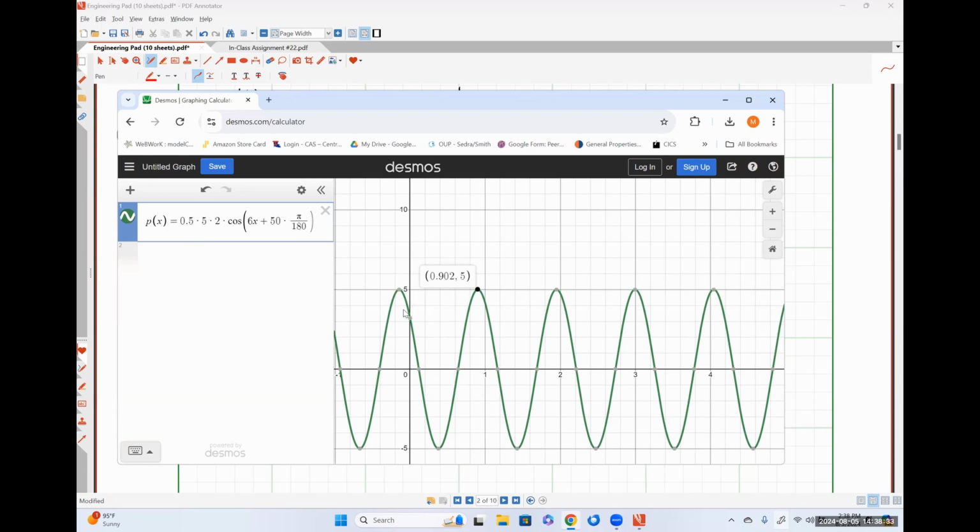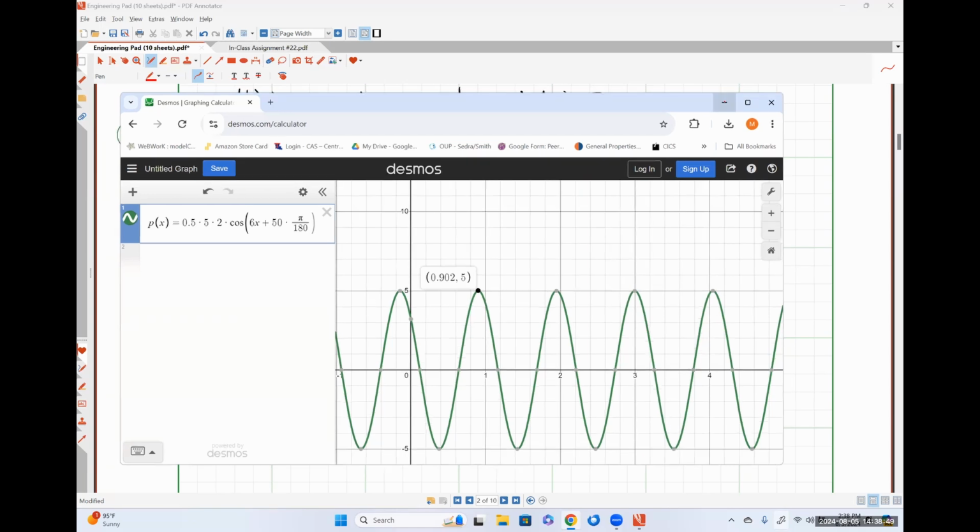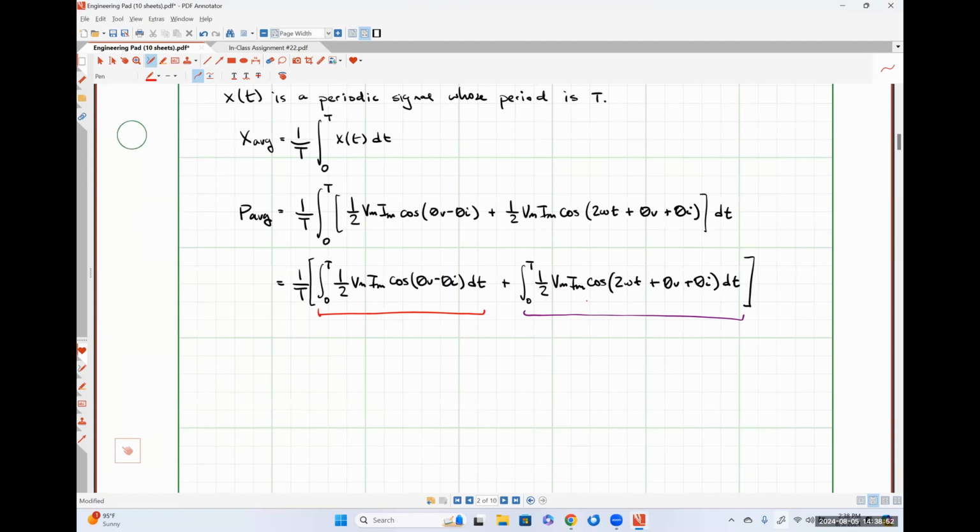So we could think of it as this area right here plus this area right here. Whatever this is, it's positive and has some value. Whatever this is, it's negative and has the exact same value. We add those two together and it just looks like 0. So this whole thing right here doesn't contribute to the average power at all. Okay.